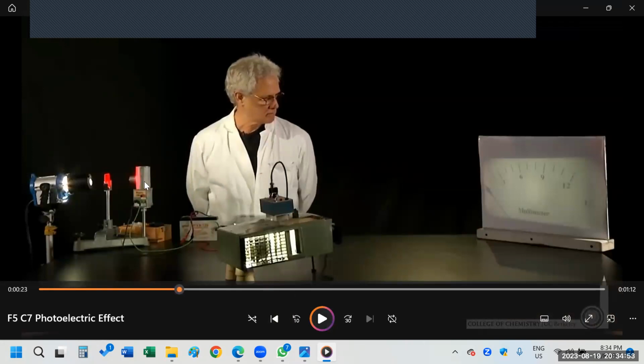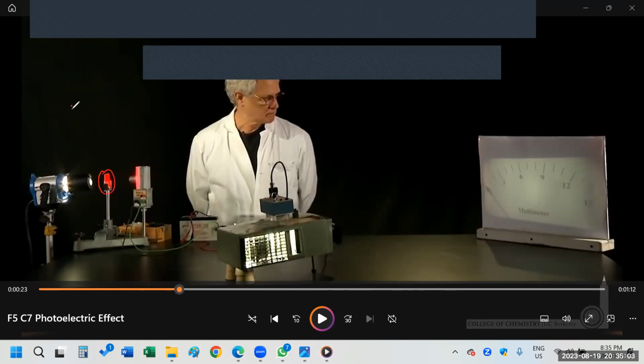So he said, we name the light as photon. If this is red light, we say it's red photon. It means that if this is a red filter, only the red light can pass through.